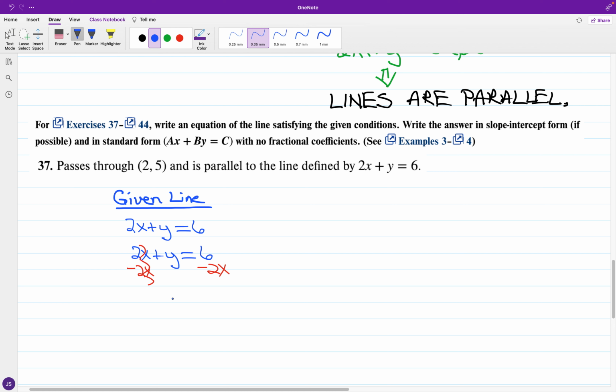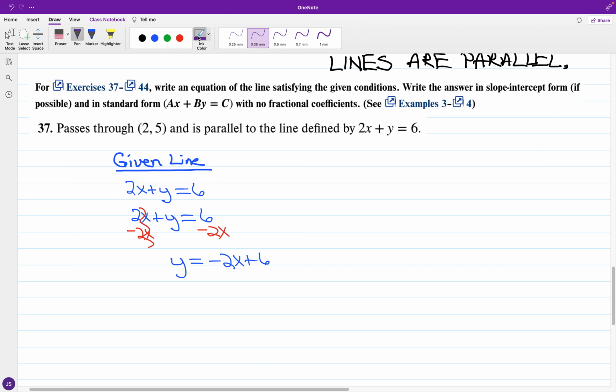And so we're going to have that y is equal to negative 2x plus 6. So we have the slope-intercept form. So for the given line, we're going to have that the slope m is equal to negative 2.